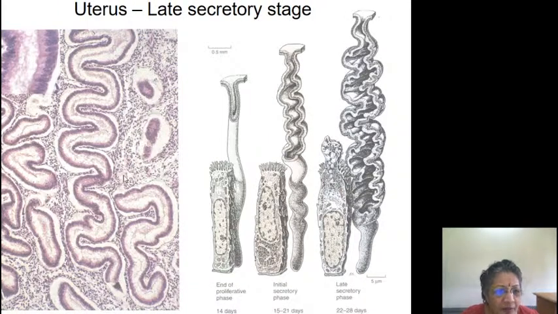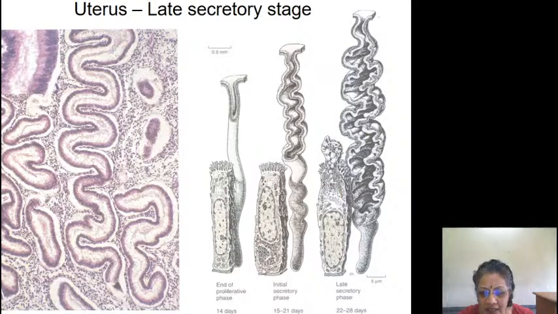So when you look at it under high power, you see how the glands are, right? This is all simple columnar epithelium only, right? And these are the contents, with secretions and simple columnar epithelium, right? So what is happening at the end of the proliferative phase? This is what your columnar cell looks like with a few microvilli, and you have the shape of the gland. These are the lining cells.